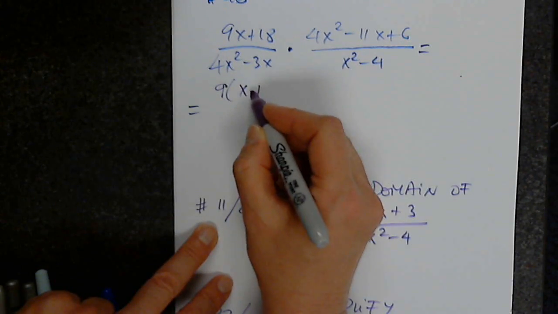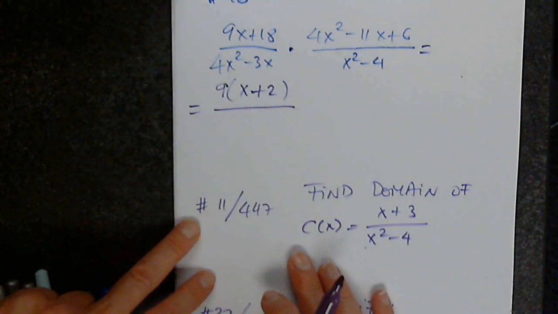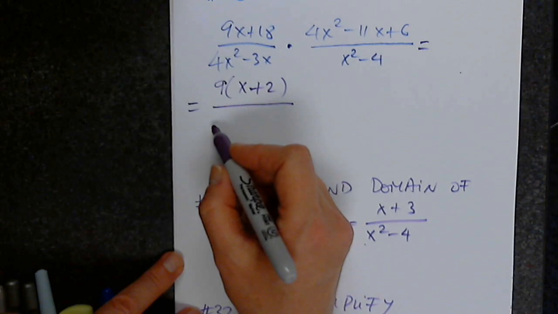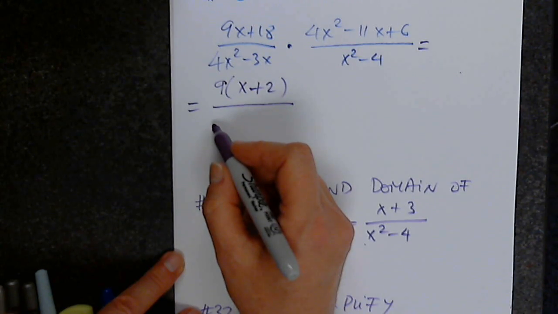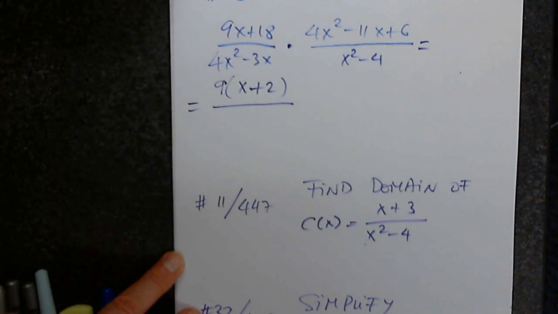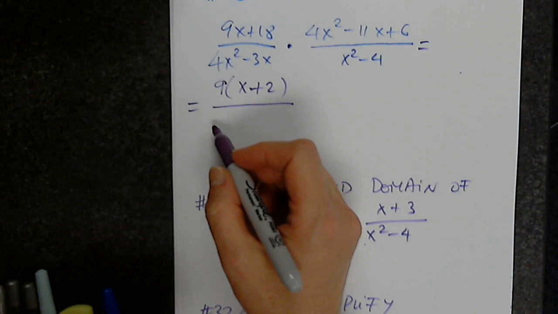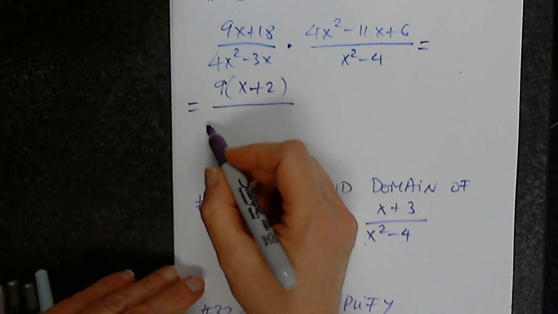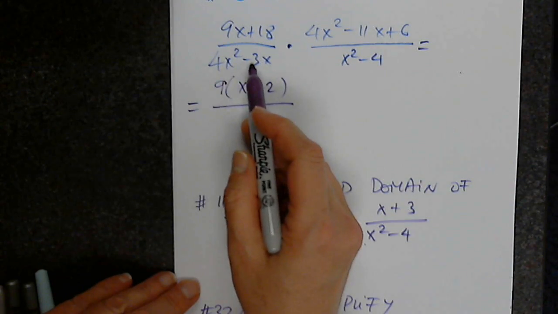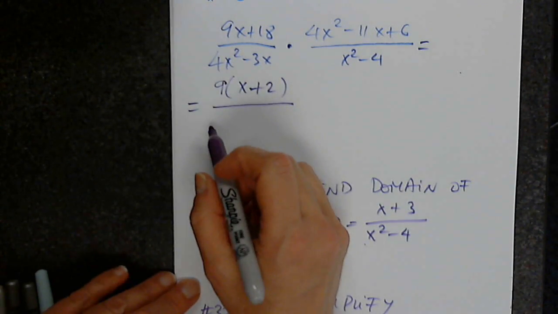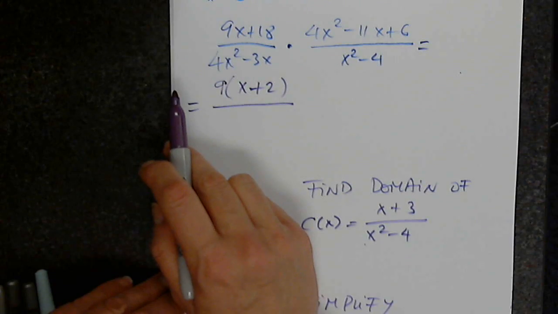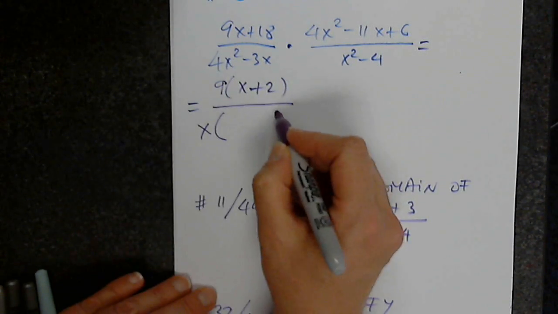So it's 9 times x plus 2. The denominator needs to be like 3. It's not factorable. 3 is not factorable. Well, what is? What is the common factor here? x. Good. What is left?